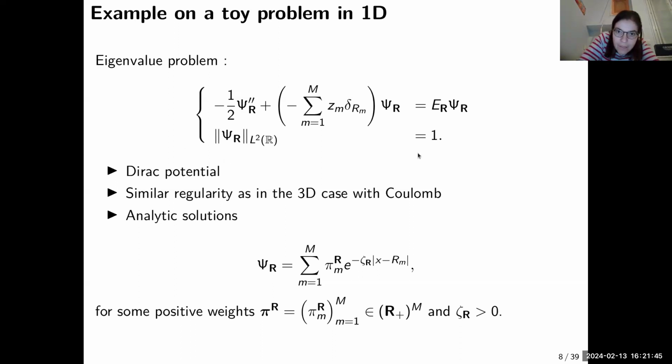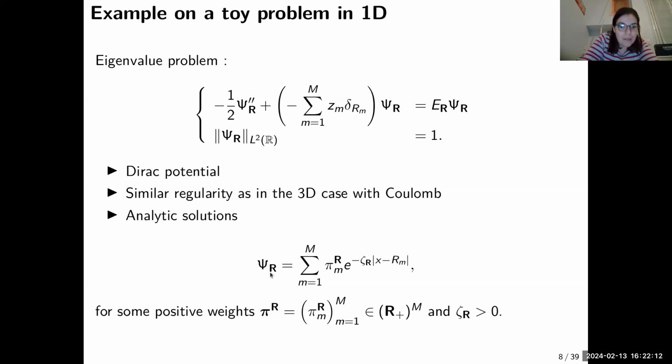For this toy one-dimensional problem, there is one convenient thing, which is that we know the analytic solutions. The solutions of this toy model are still solutions of parameterized linear eigenvalue problems. And this psi r, we know analytically how they are written.